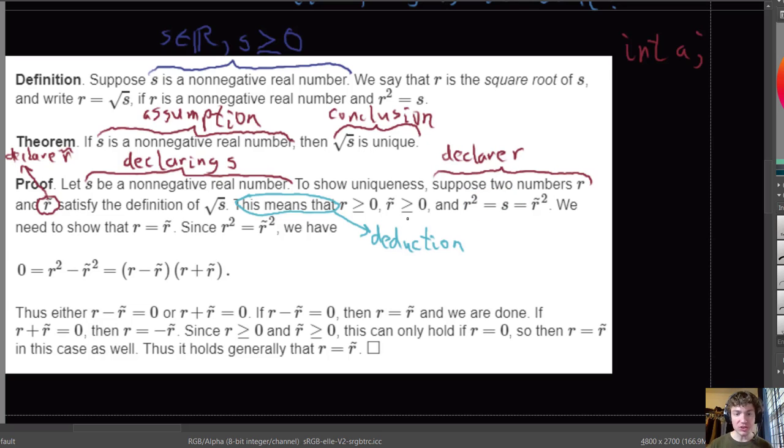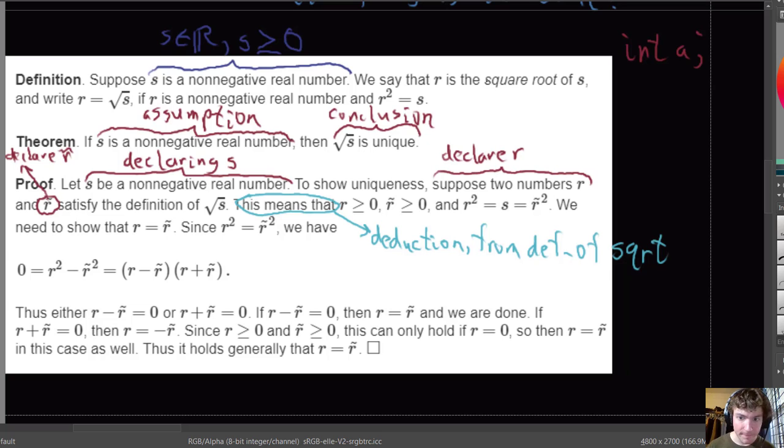So this sentence deduces that these two numbers have the properties stated in the definition of a square root. So this is deduction from the definition of square root. Okay, so I think we understand that sentence.